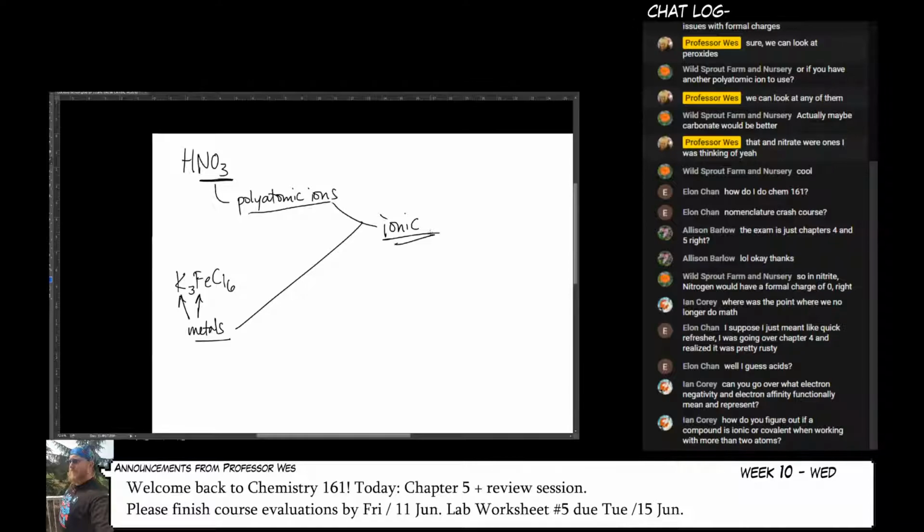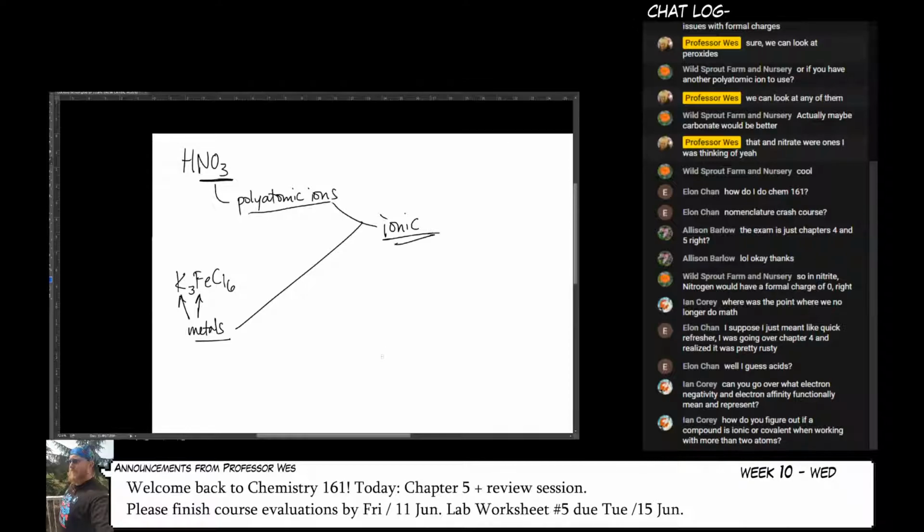Like, you don't have to name that. So if you see a polyatomic ion or you see metals in the formula, it's ionic. If you don't see polyatomic ions, then it's covalent.